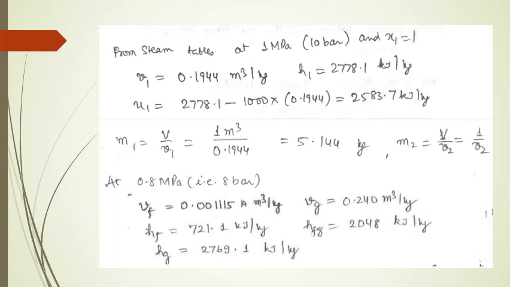Similarly, M2 can be obtained by dividing the volume of tank by the specific volume at state 2, so that becomes 1 upon V2. Now at 0.8 megapascal, value of Vf, Vg, Hf, Hfg, Hg have been written on the slide, which have been taken from the steam tables.